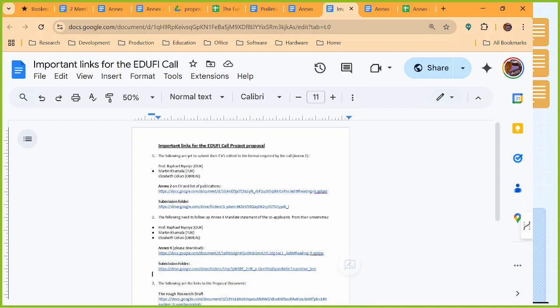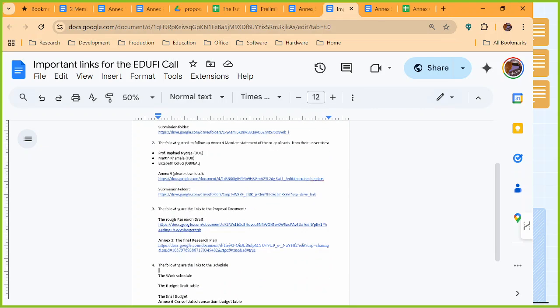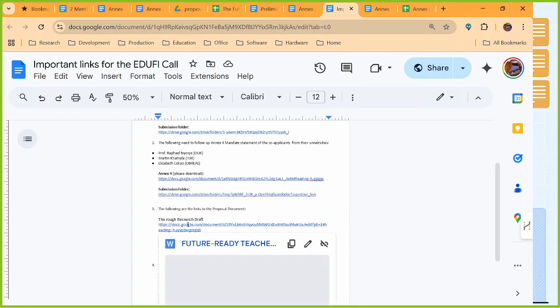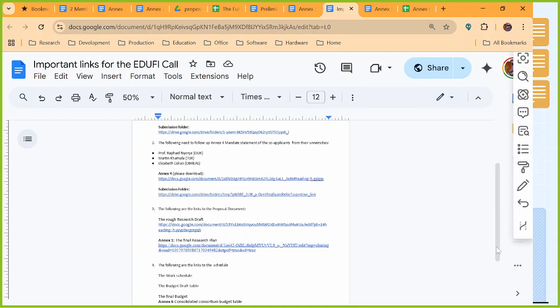Then number 3, we had said that we have now what we are calling the draft, the one we are working on. The draft is here, and then the annex is here. That one is going to be a copy and paste into the document. So it will be a copy and paste from the RAF into Annex 1. And Annex 1 is the one below here. Then we have number 4, which is the new one, which is coming.